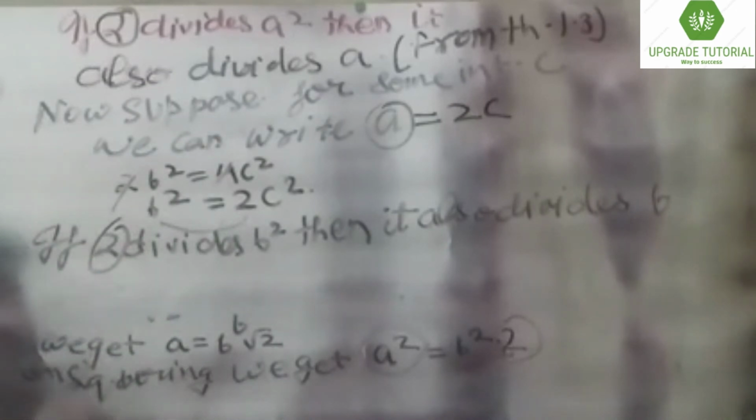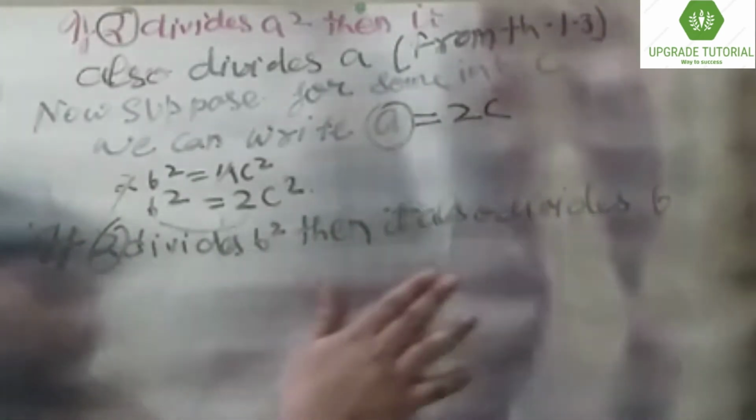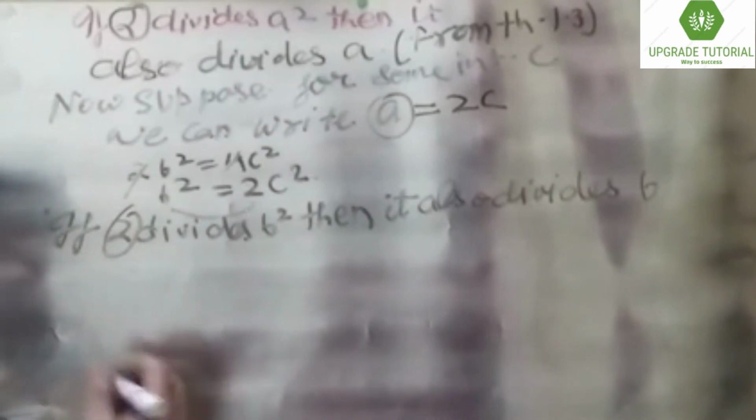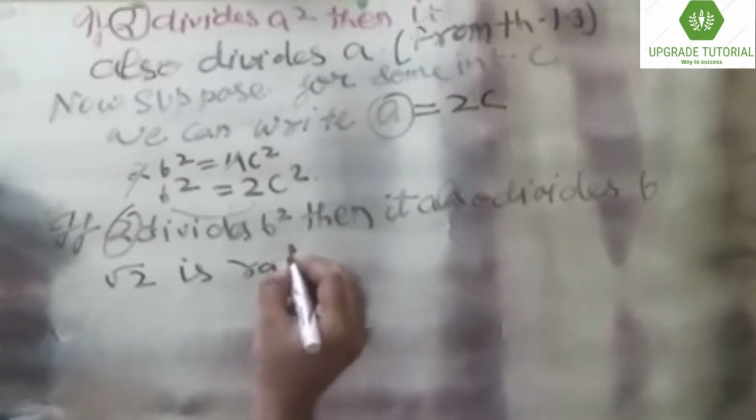What have we assumed? We have assumed that a and b have only one common factor, that is 1. But this contradicts our assumption. Since 2 is common among a and b, therefore our assumption, that root 2 is rational, is wrong.